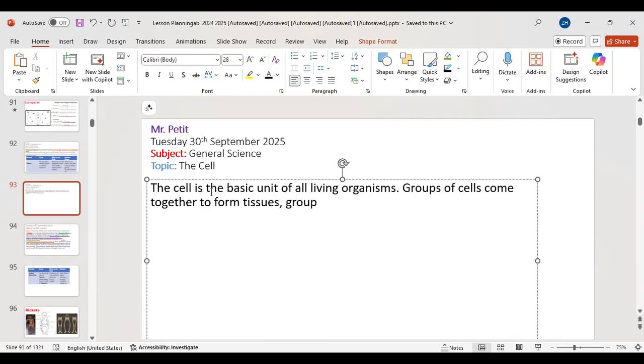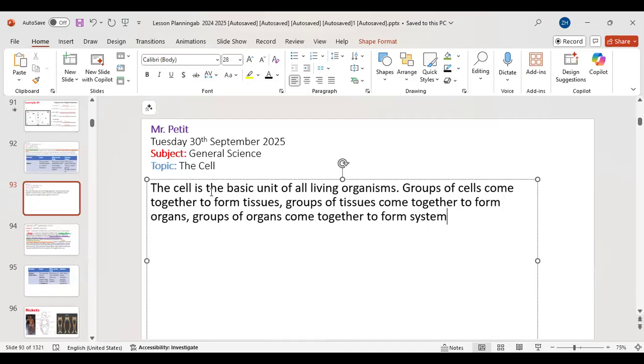Groups of tissues come together to form what? Organs. Very good. Groups of organs come together to form what? We have a bunch of organs come together that form systems. Very good.